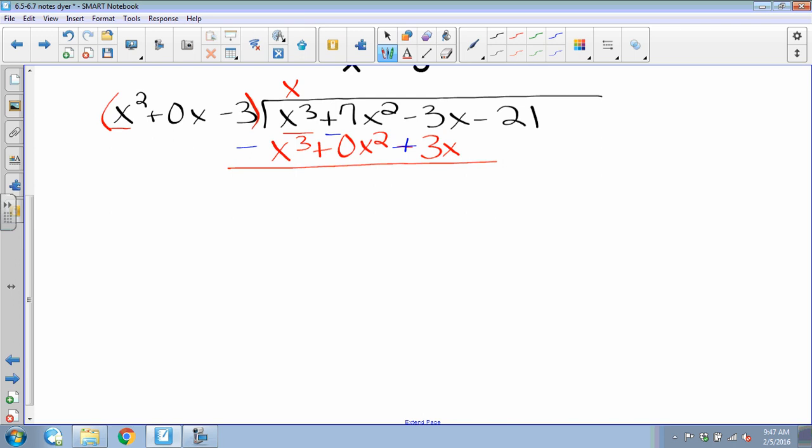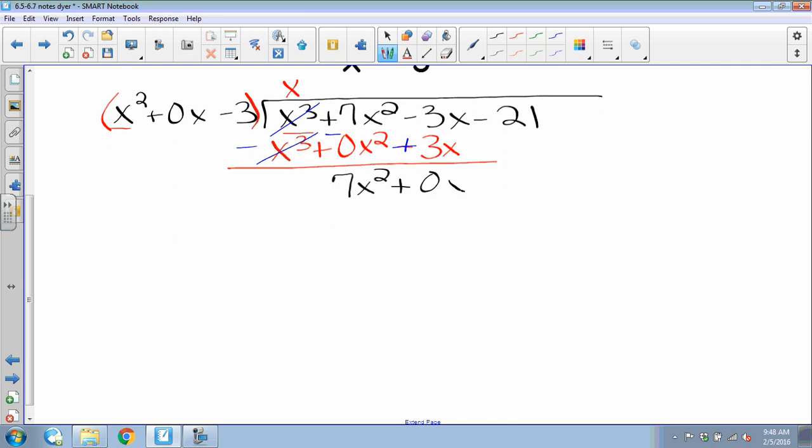So everything's going to cancel out. Your first terms are going to cancel. Everything else, if it cancels, you need to leave that 0. So, this is 7x squared. What is this? Negative 3 plus 3 is 0.